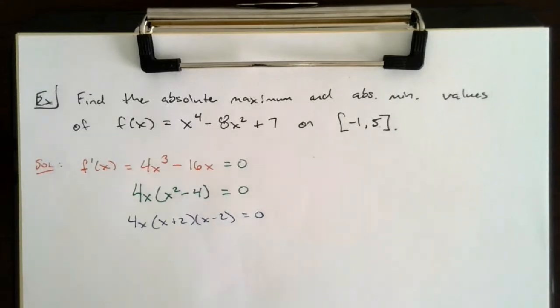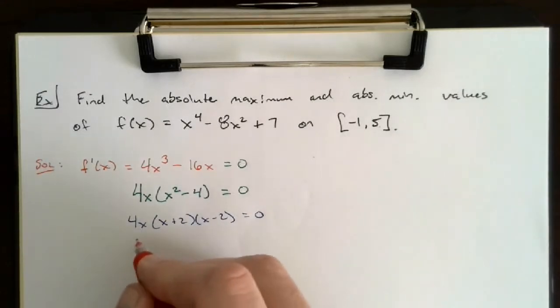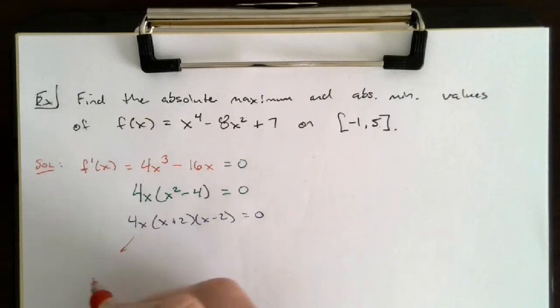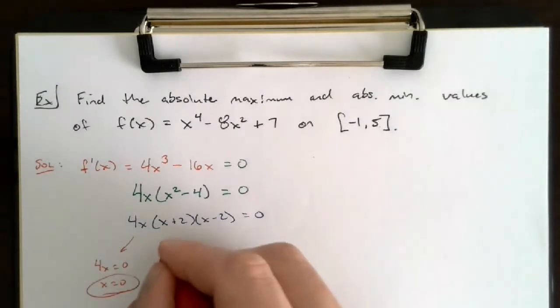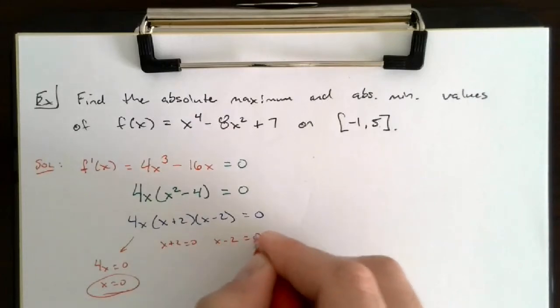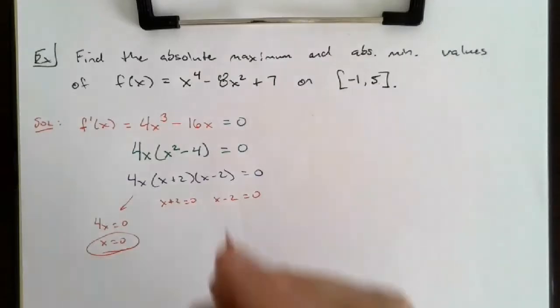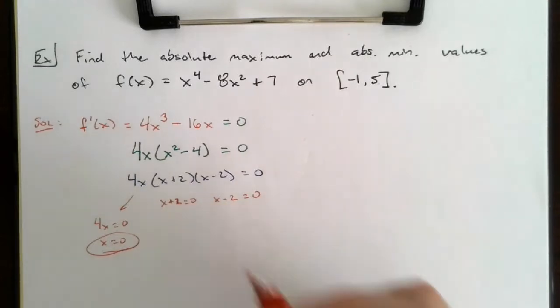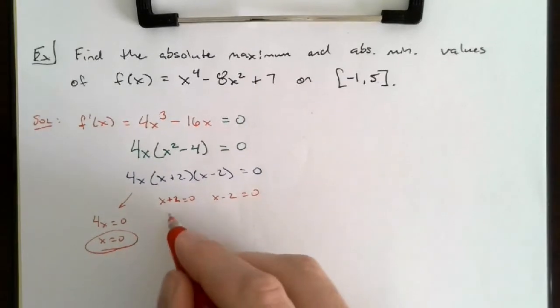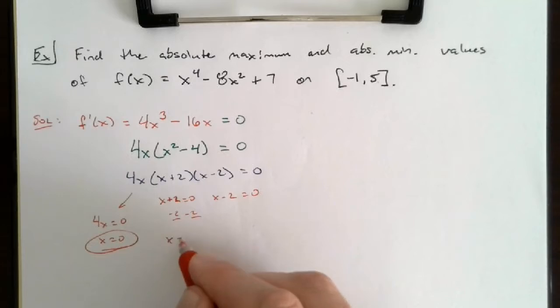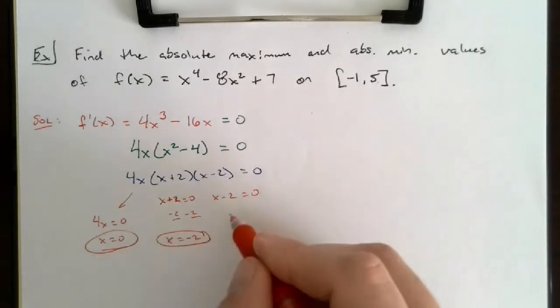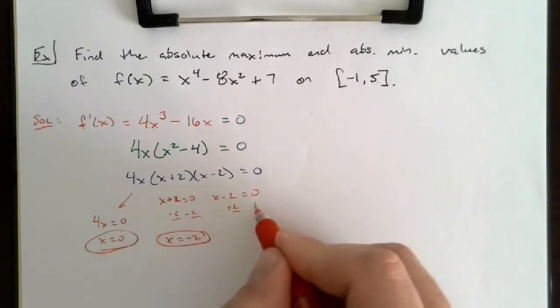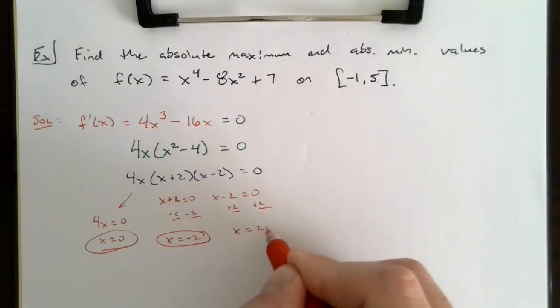So 4x equals 0, or you could just say x equals 0 because you divide both sides by 4, but that's a critical value. Here we have x plus 2 equals 0, and here x minus 2 equals 0. When we solve these, here we subtract 2 from each side, so I get x equals -2. Here I add 2 to each side, so I get x equals +2.